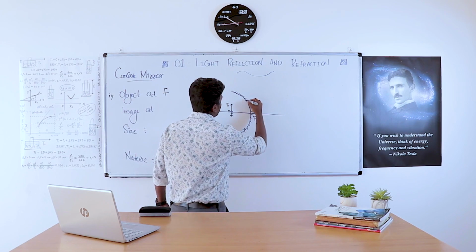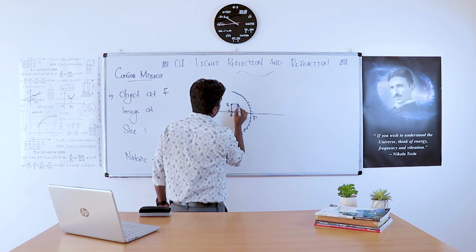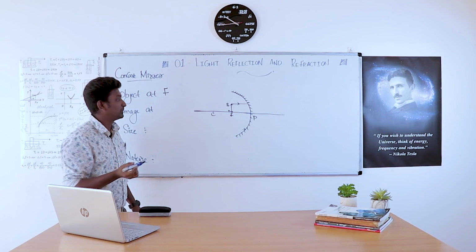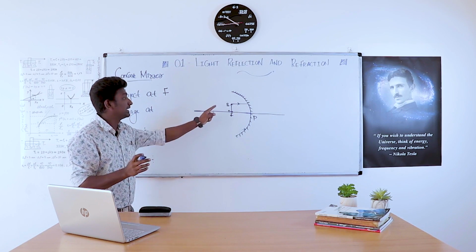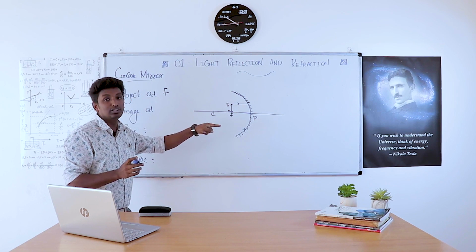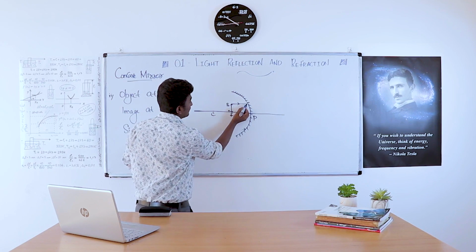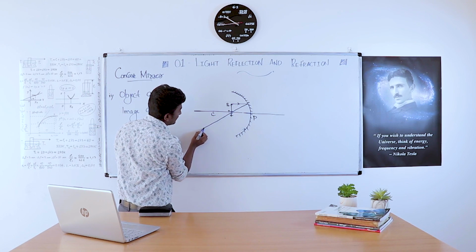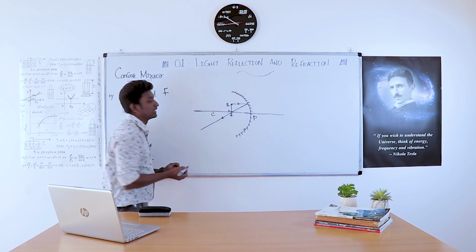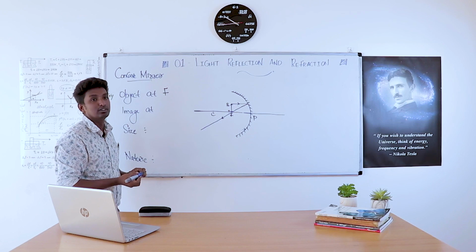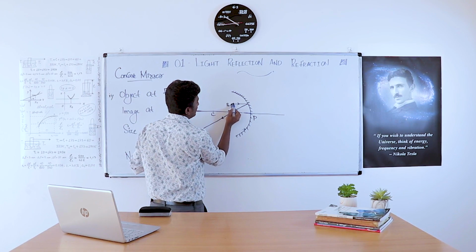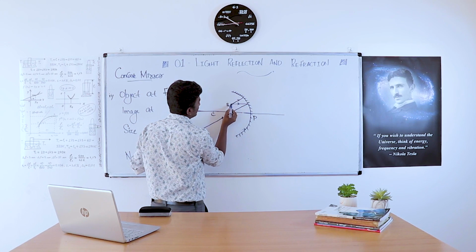So a ray of light first coming parallel to the principal axis. You all know that the ray of light coming parallel to the principal axis after reflection should pass through the focus. Second one, I am taking the ray of light coming through the center of curvature.